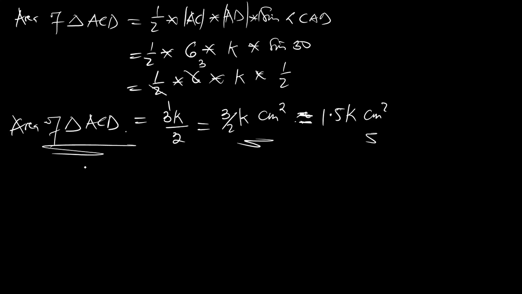Now let's look at the other one. Let me just draw a diagram here. We have here to be our K, here to be 8, here 6. So you have here A, B, C, and D. Now we have the whole of angle A to be 60.